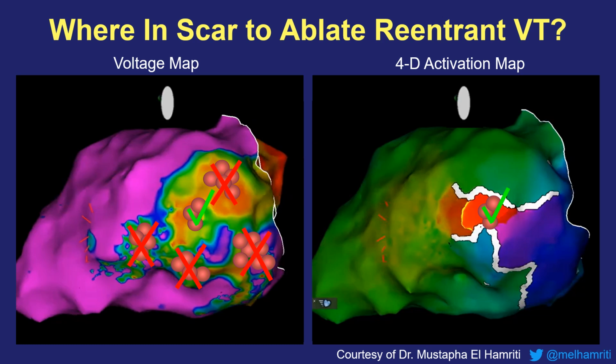It spans a critical isthmus, a critical portion of the VT circuit, thereby cutting it off and preventing it from propagating. Whereas all of the other lesions that I had shown, while in areas of low voltage and scar, are insufficient to cut off the VT circuit, which could travel around those lesions, and the VT would continue.